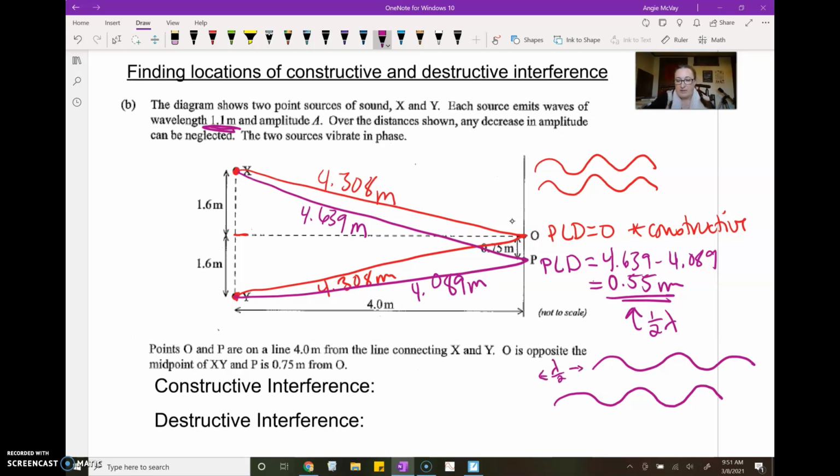That would be the path length difference. And what happens when two waves are off by half of a wavelength? We get a max aligned with a min, and we get cancellation. So this is destructive interference.